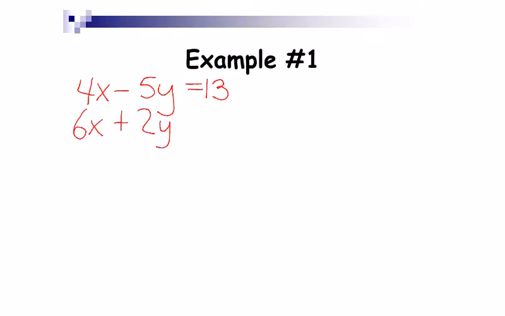So our problem today is 4x minus 5y equals 13. And the second equation is 6x plus 2y equals 48.